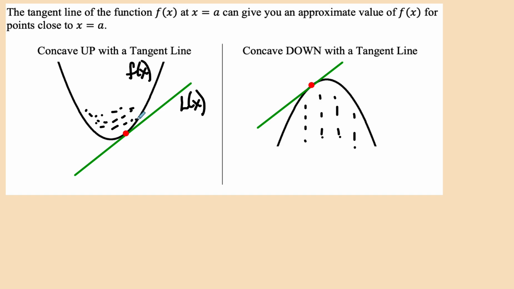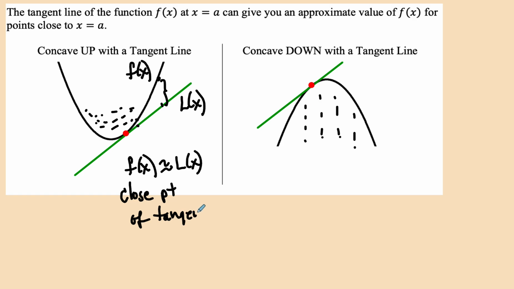So over here, this y value and this y value are very close to each other. The farther you go out, this y value and this y value are not so close. But as long as you're close to the point of tangency, f of x is approximately L of x.